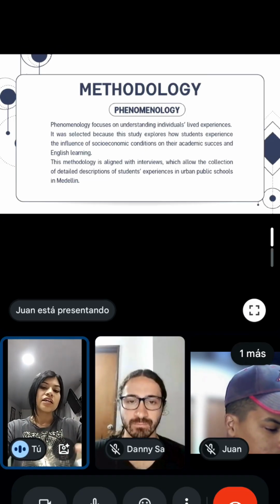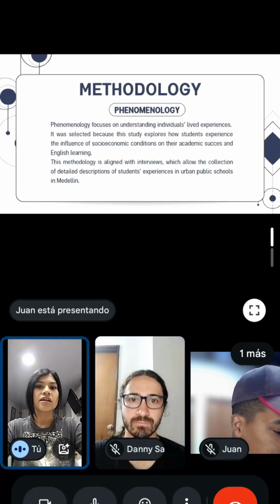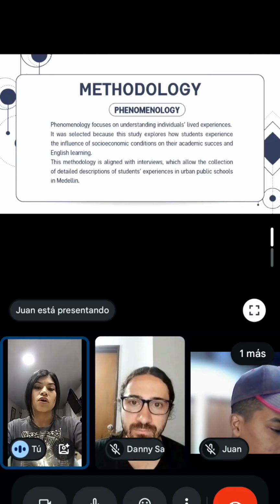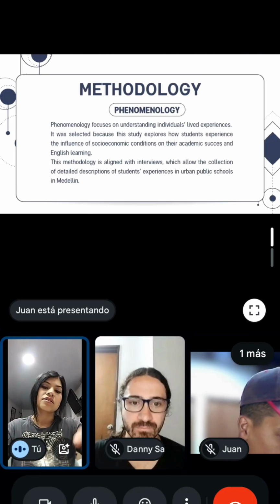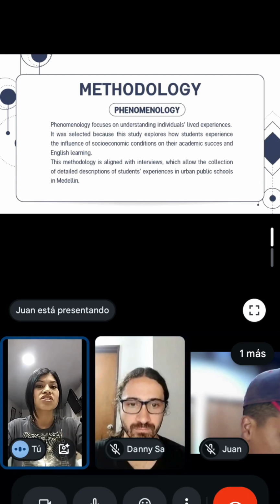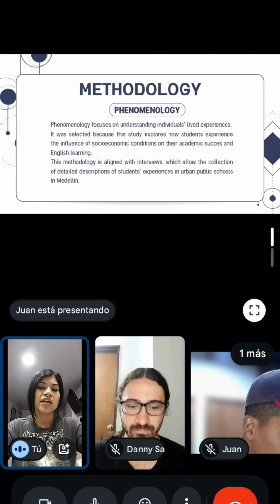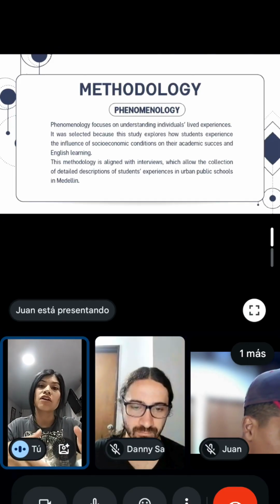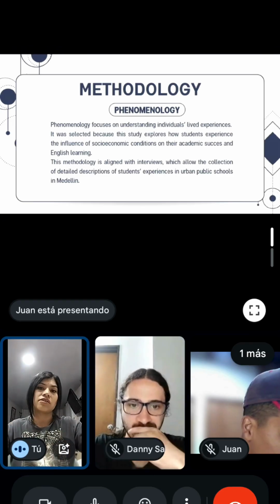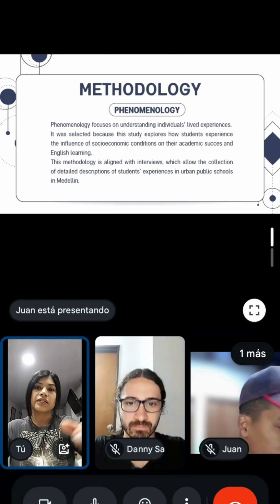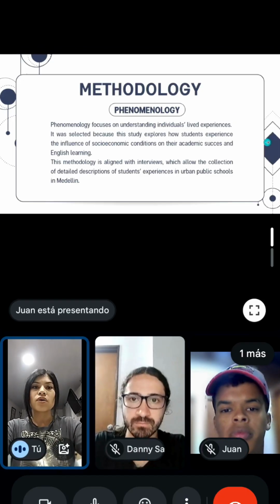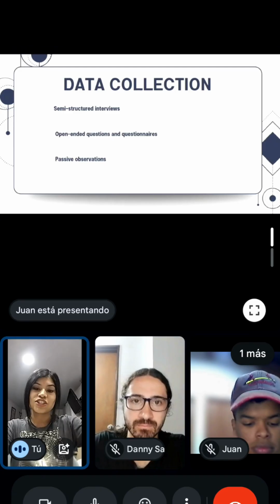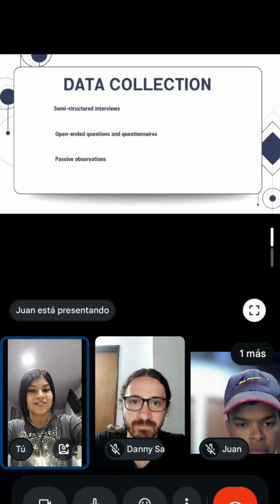In addition, it is consistent with our use of interviews, since this method helps us collect detailed descriptions of students' experiences and better understand how social and economic factors affect their learning process. Well, now that we have the theoretical base, let's move on to the data collection. Tatiana, the floor is yours.